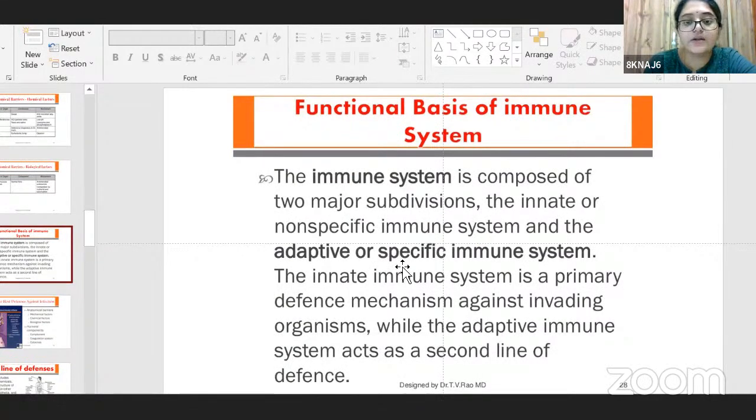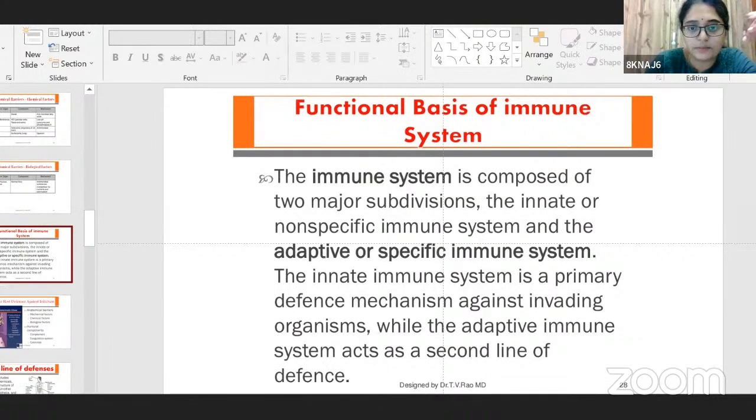Then, the acquired or specific immune system is basically the third line of defense in the body. Once a pathogen enters the body, the primary response is there. Immediately, your innate immunity kicks in.